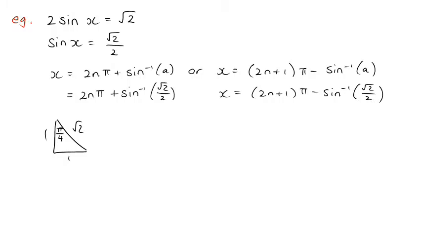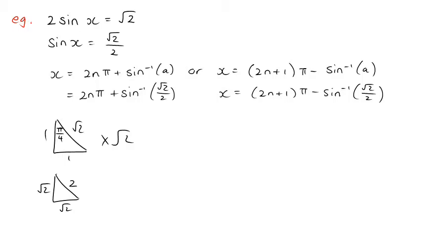If we multiply everything by 2, you'd get a 2 in this point and a root 2, or 2 root 2 here. If we multiply this whole thing by root 2, we now get root 2 here, root 2 here, and root 2 times root 2 is root 2 squared, which is 2. Opposite over hypotenuse.